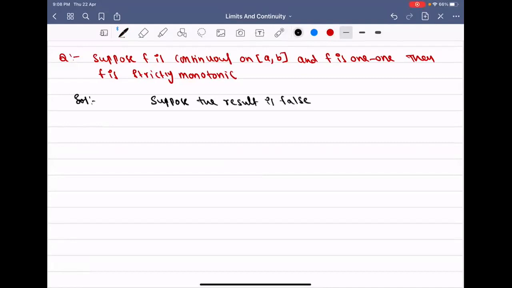Then there exist numbers x, y, z such that x is less than y is less than z.